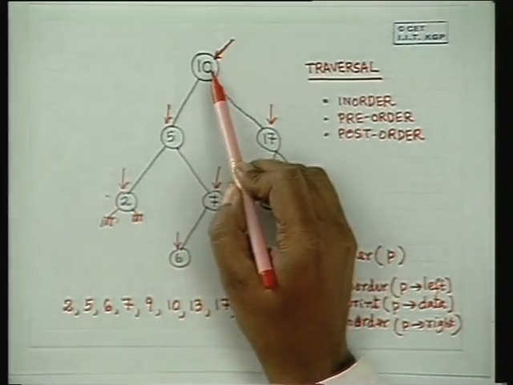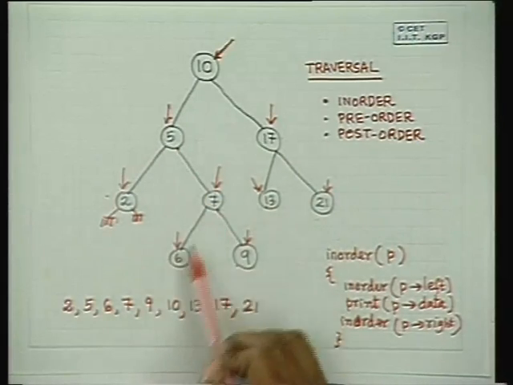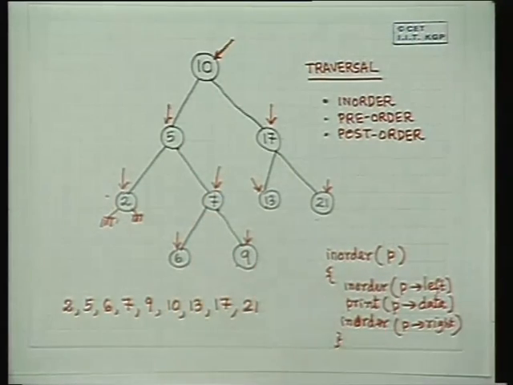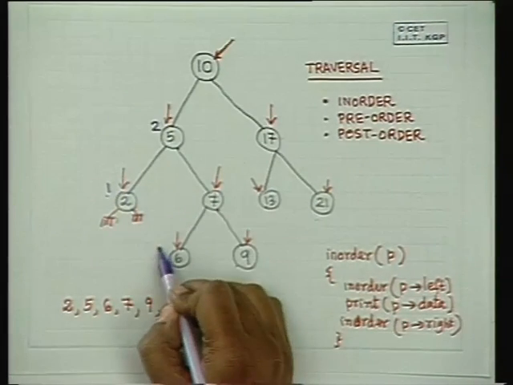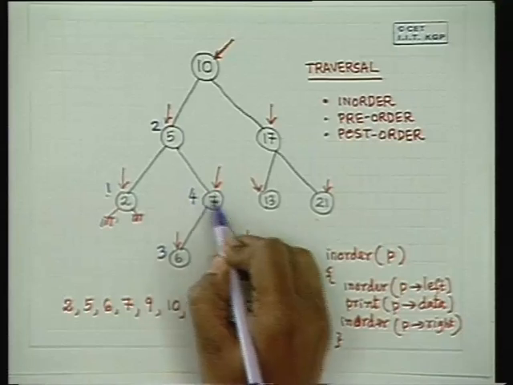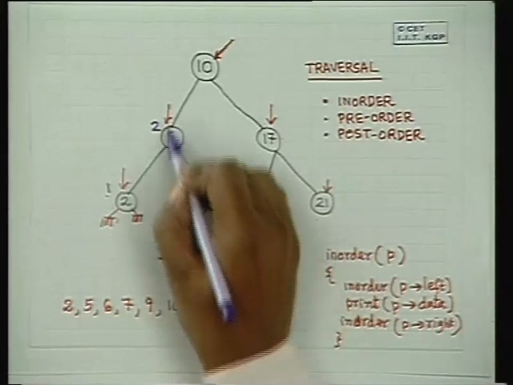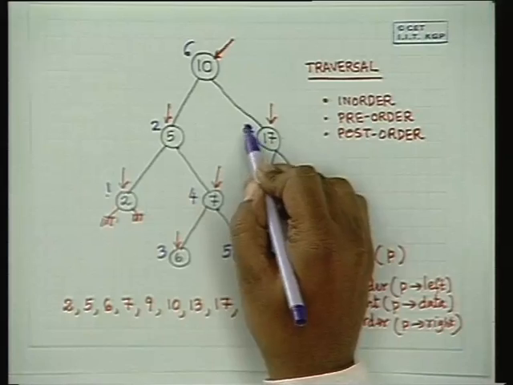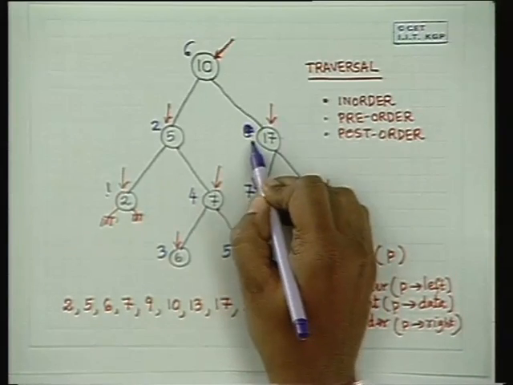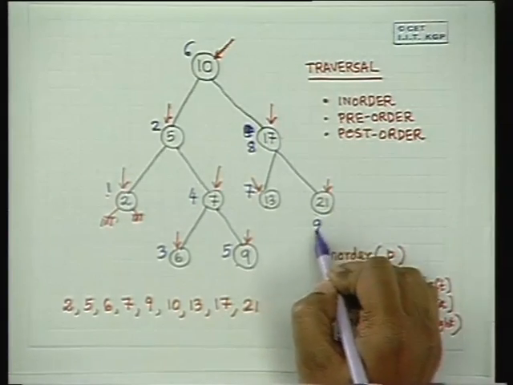So by in order traversal, you can number the nodes also. Here we have printed the nodes. There is an in order numbering that you can do, which would number this 1, 2, 3, 4, 5, 6, 7, 8, 9.